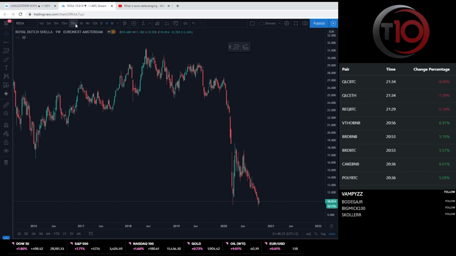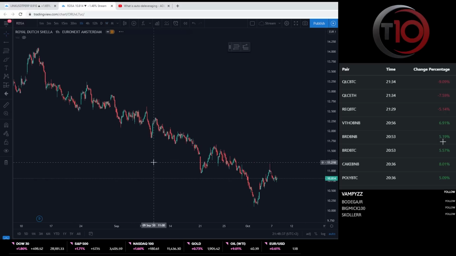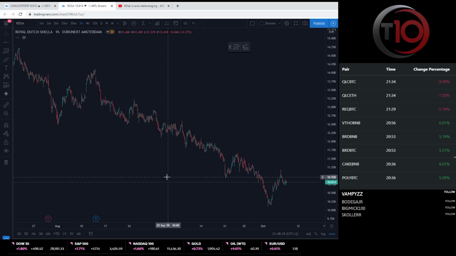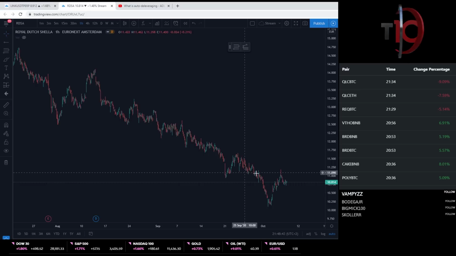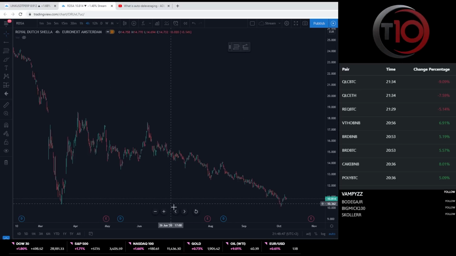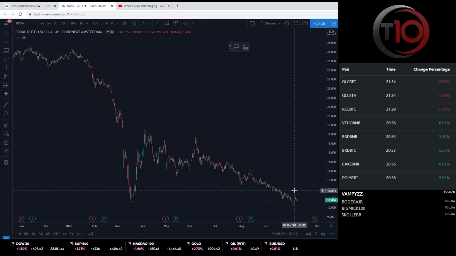Let's see. Yeah. Just need to gain, let's see, 4 hour maybe. This swing. Something like this. I would probably wait for a much higher gain, something like this, to be honest.